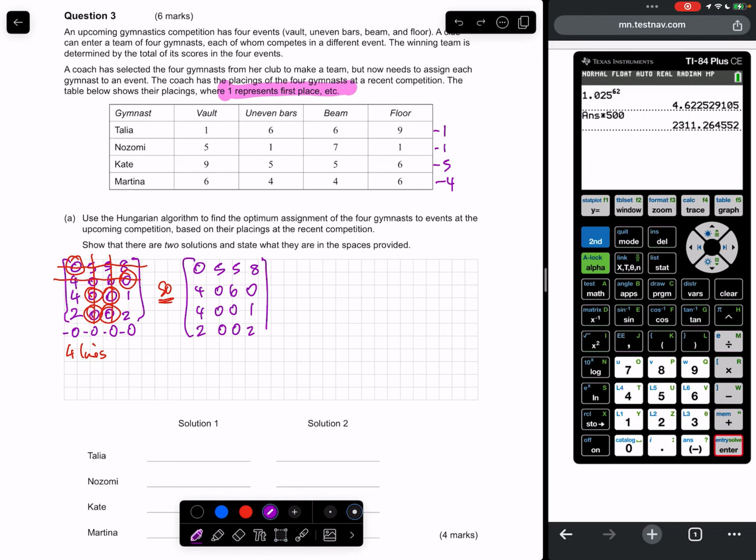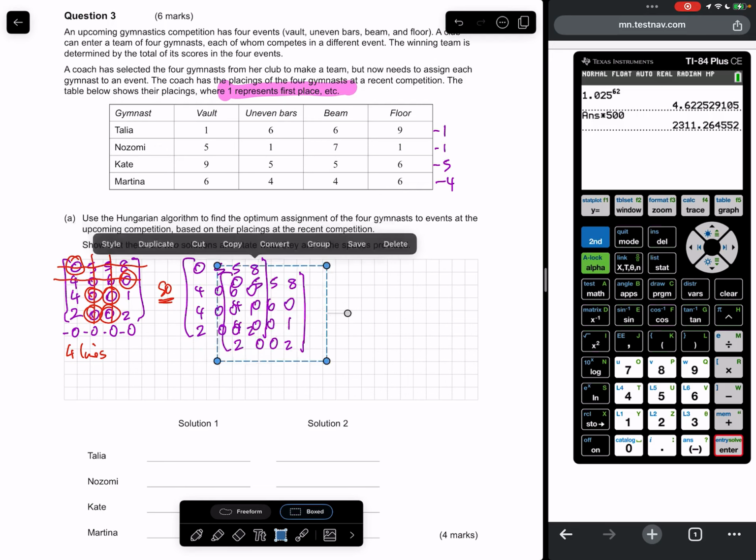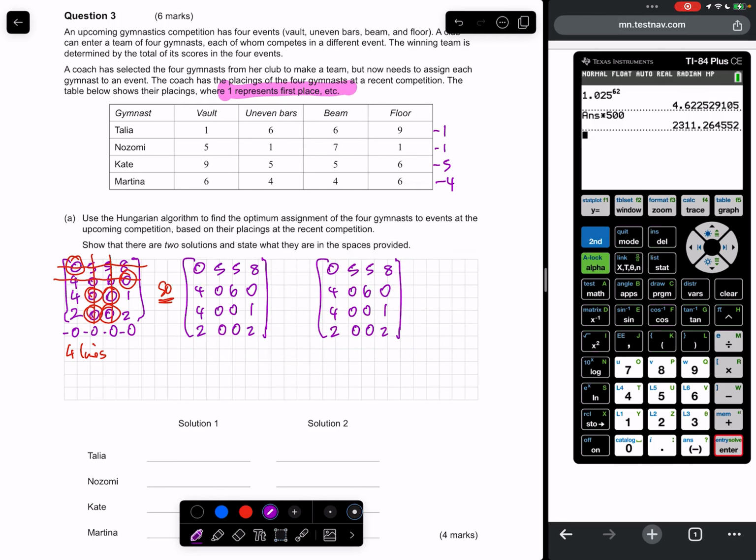The worst bracket ever. So 2 of these are definite.